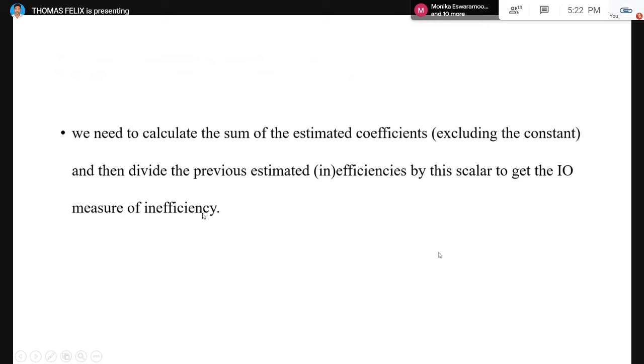By doing this, we are able to derive the input oriented inefficiency. This is the theory behind calculating technical efficiency.